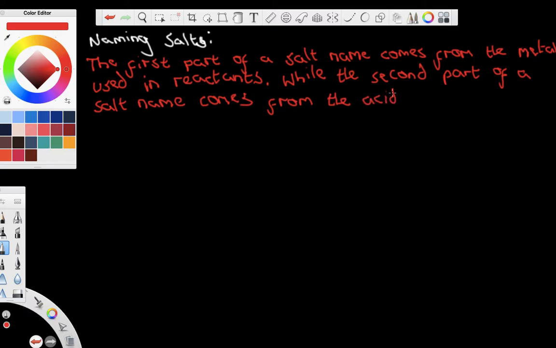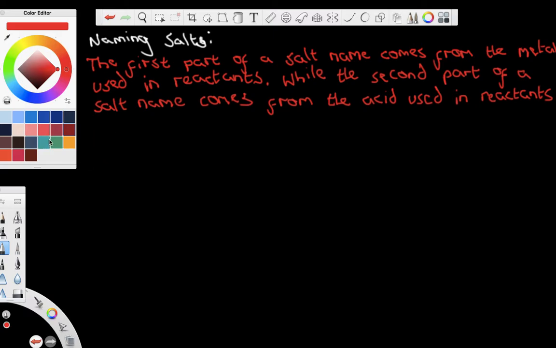So the first part of a salt's name comes from the metal used, and the second part of a salt's name comes from the acid used.